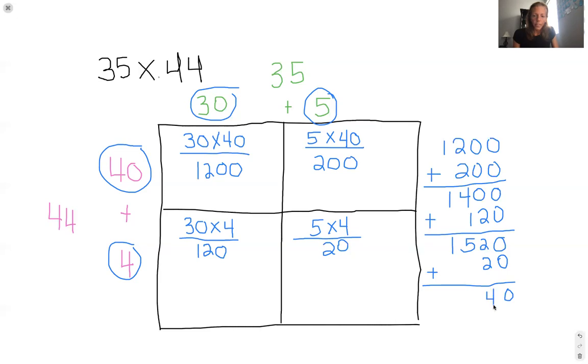So I put a 4 in the tens place. I don't have any hundreds down here, so 500 will remain. And then there's nothing in the second number in the thousands place. So we continue with 1,000. So my answer to 35 times 44 is 1,540.